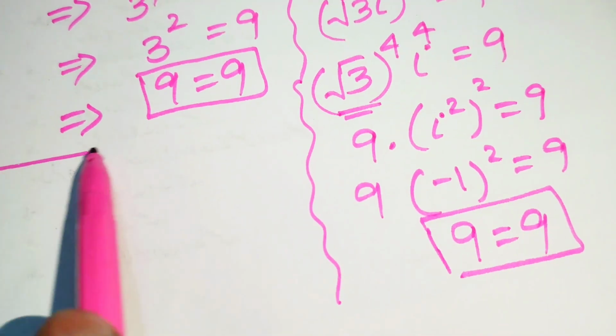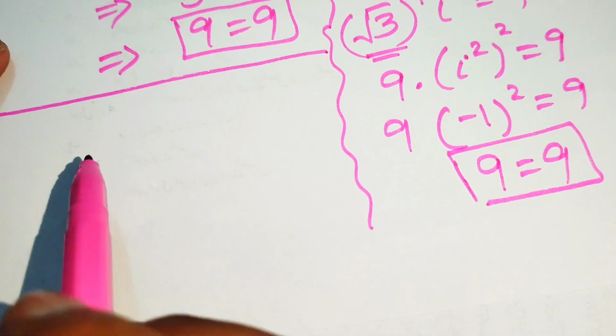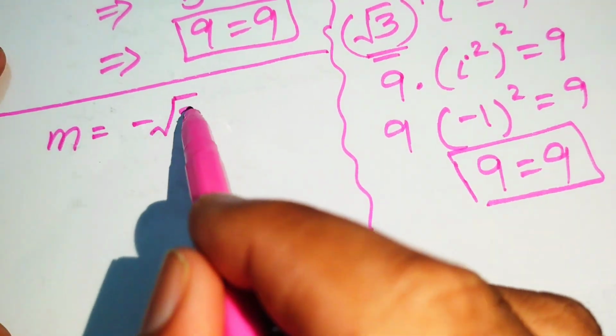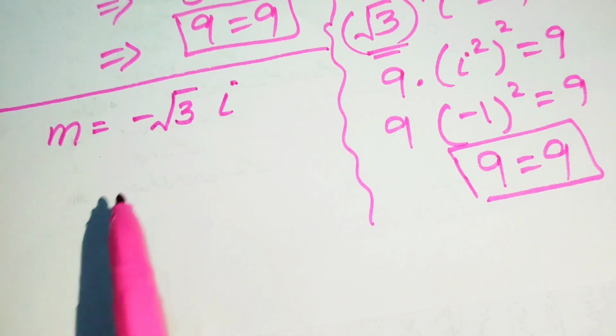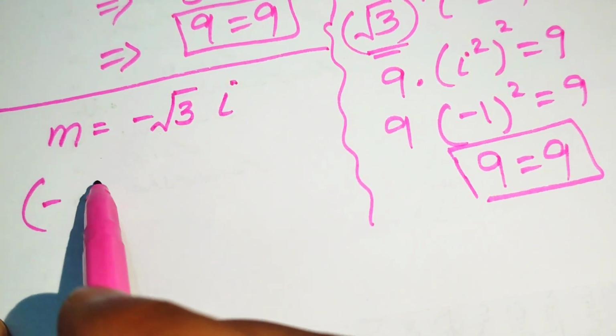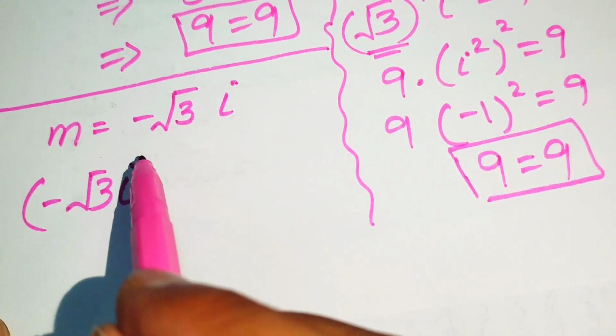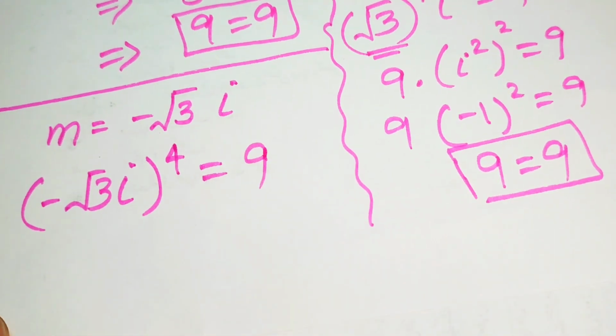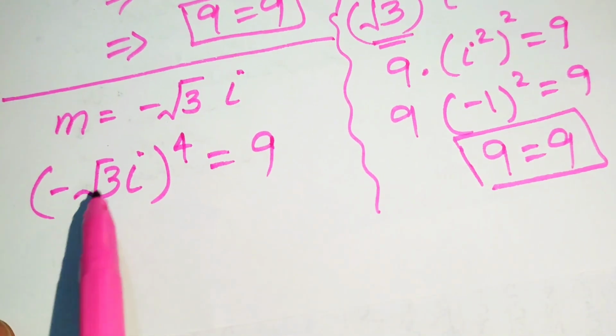Similarly we check our fourth root, which is m equals minus square root of 3 iota. When we substitute this value here, it becomes minus square root of 3 iota to the power 4 equals 9.